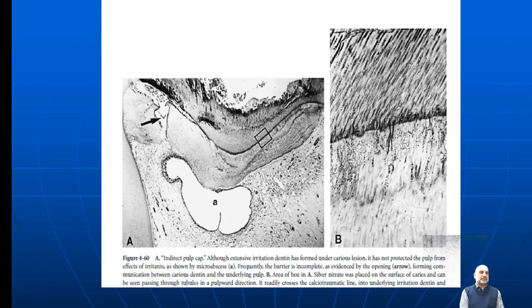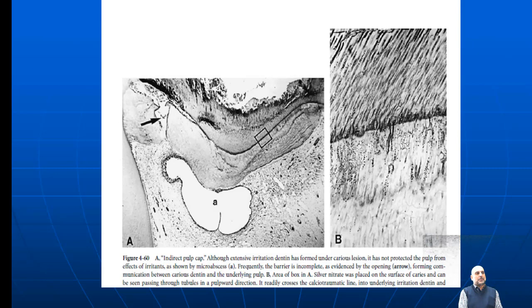Although extensive irritation dentine has formed under carious dentine, it does not protect the pulp from the effect of irritants, as shown by microabscess. The barrier that formed does not always indicate a successful procedure.